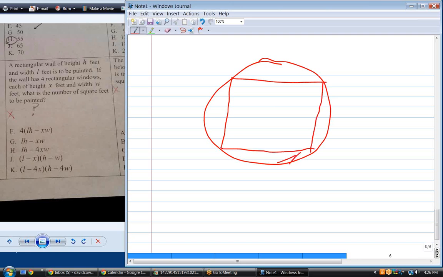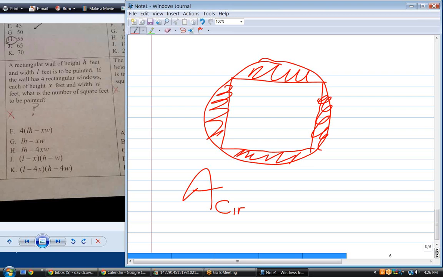If I wanted the shaded region, I don't have the geometry. You have not yet been taught the geometry to figure out how to do it if it's inside of a circle like this. The only way to get the shaded region for this problem right here that I've drawn is the area of the circle minus the area of the rectangle that's inside the circle.